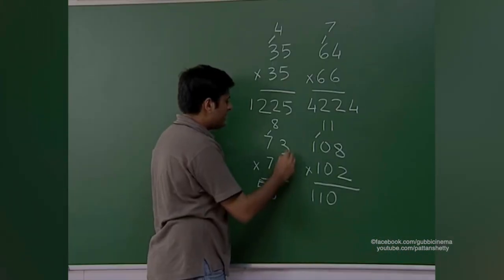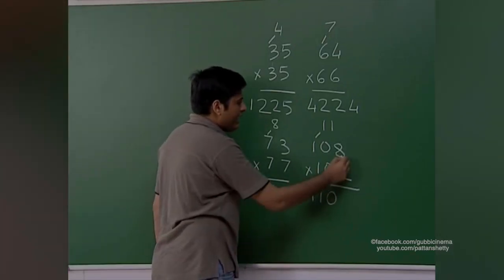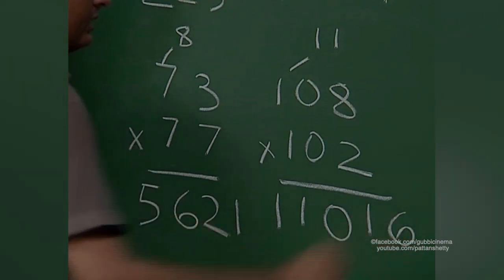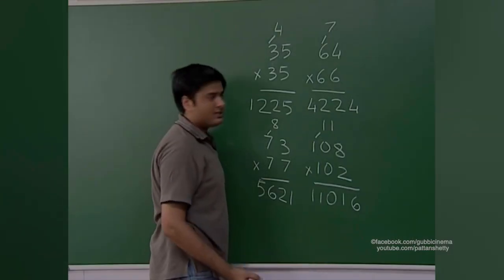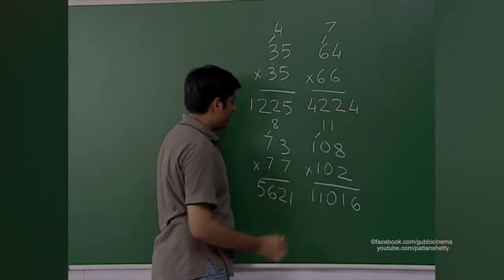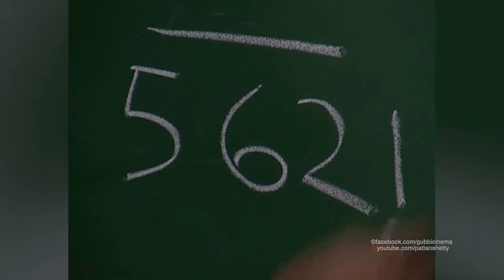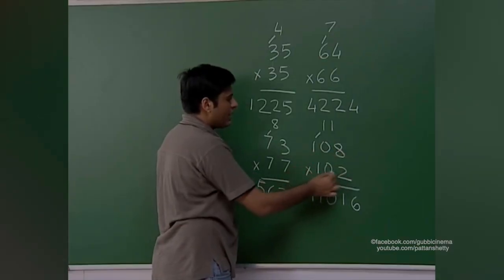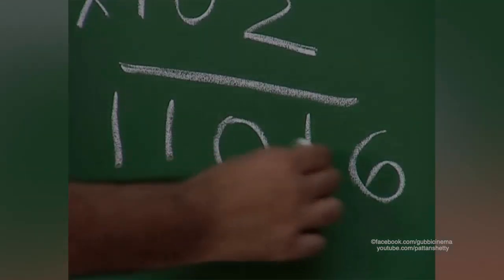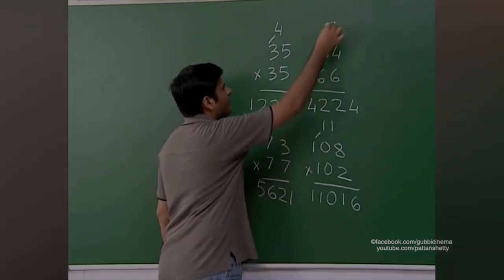Here we have 3 times 7 is 21, and then we have 8 times 2 is 16. So these are my final answers. 64 times 66 is 4224. 73 times 77 is 5621. And 108 times 102 is 11016.